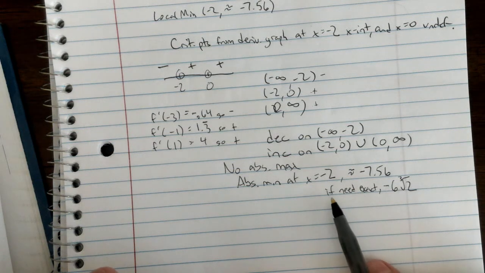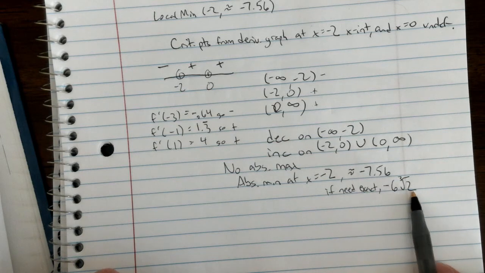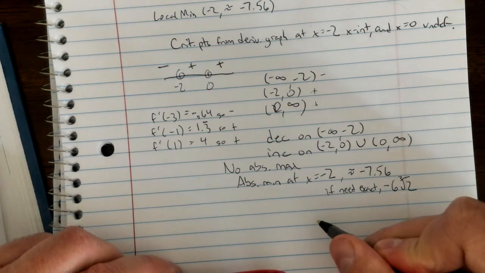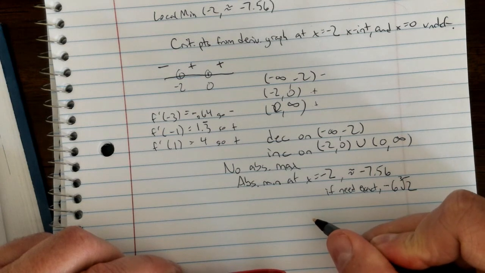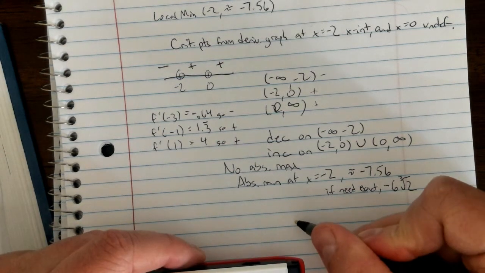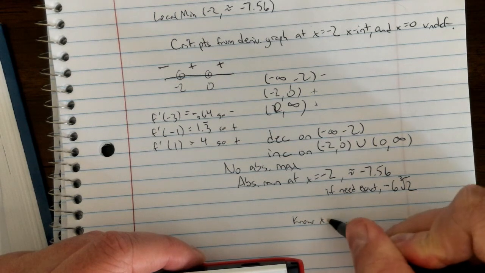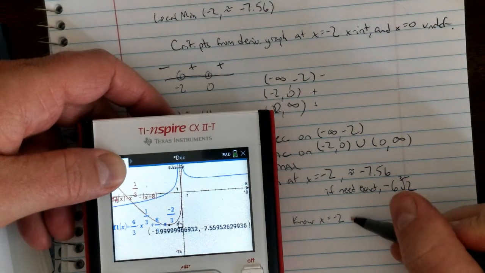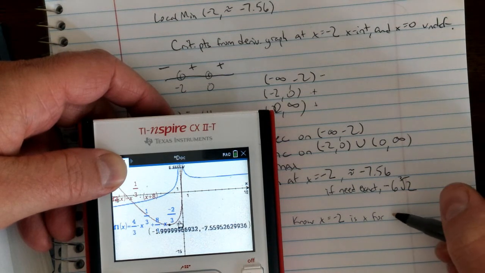Okay, so again, if you need your exact, it'd be this. To get that, you'd say we knew that -2 is our x value for the local min.